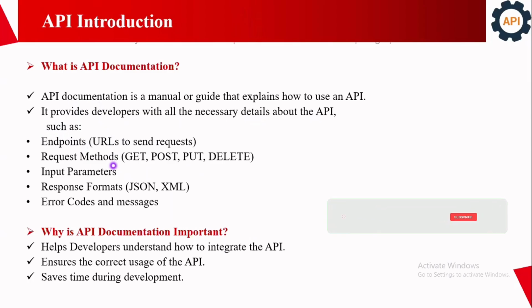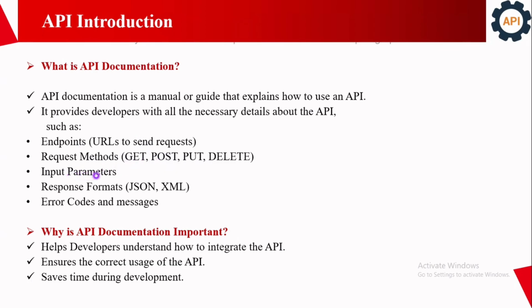Whenever you develop the API, we need to define the endpoint URL. We also need to define the methods related to the API, like GET, what type of API it is. We'll understand what GET, POST, PUT, DELETE mean step by step in all the lectures. So first we'll understand what the method request is for that API: is it a GET request, POST request, PUT request, or DELETE request? All these are the methods which we use in the API.